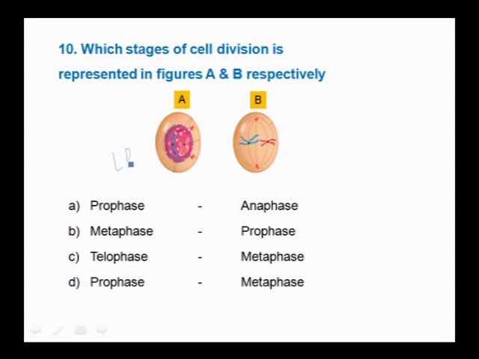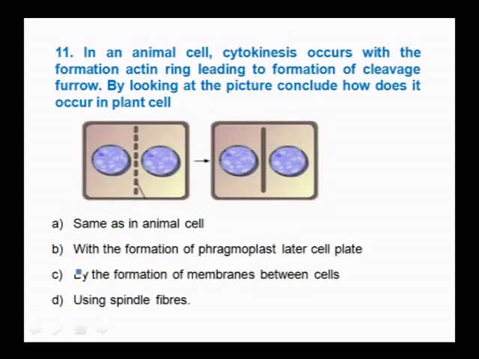And the second diagram does not show any nuclear membrane over there, and all the chromosomes have come and arranged themselves at the center of the cell, which you call as equator. So first stage is prophase and the second stage is the metaphase. So the answer for this particular question is D, prophase and metaphase.